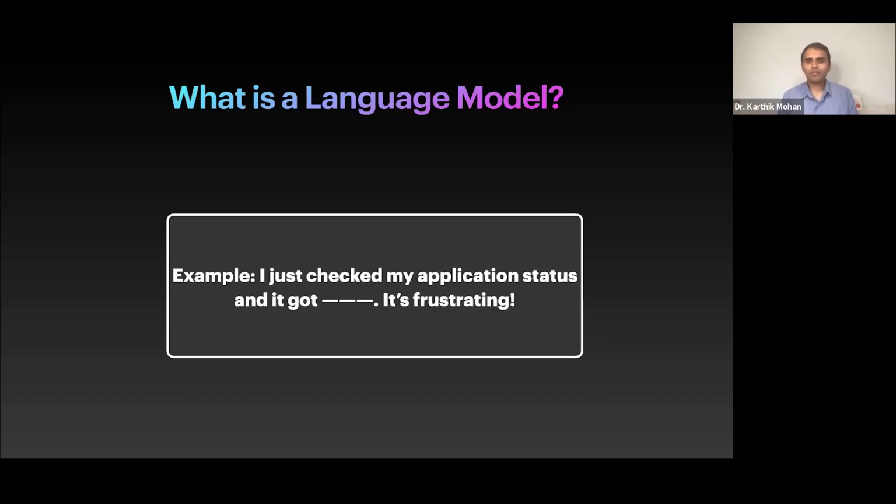And then it could also be in the middle. It doesn't have to be at the end. I just checked my application status and it got blank. It's frustrating. What would you guess the blank to be? So you guessed it right. It's rejected, right? So this is not next word prediction, but random word prediction. You mask certain tokens or words in a sentence and say, can you predict this?